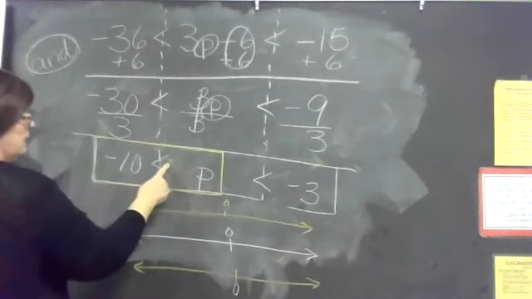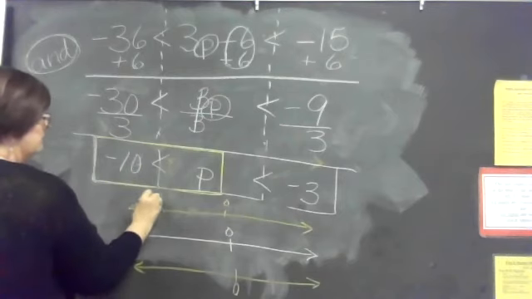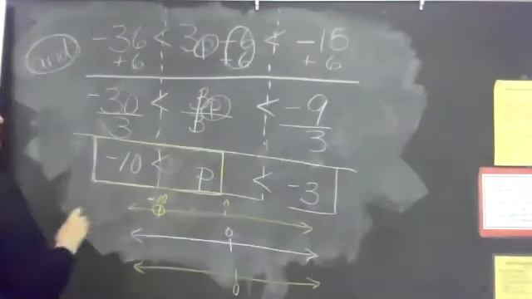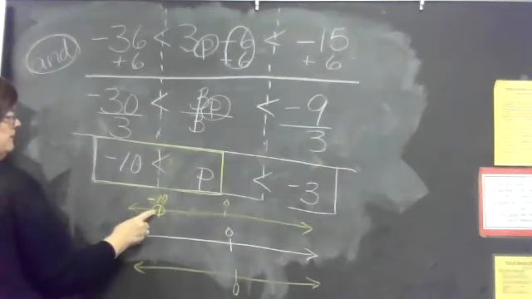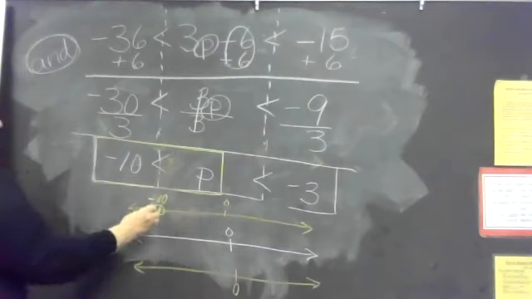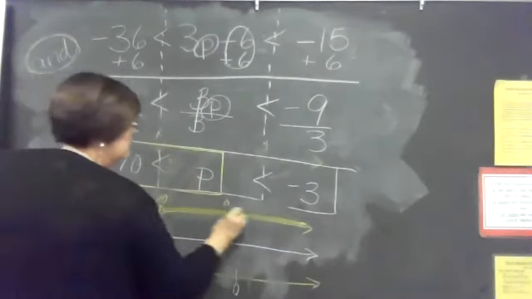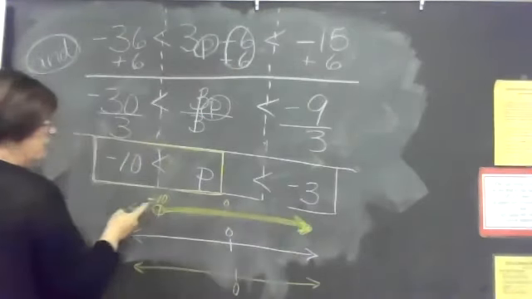P is greater than -10. -10 is the important number. I circle that. I do not color it in because there isn't an equal sign here. And then if P is greater than, then I need to graph this way. Okay, that's how I would graph that one.